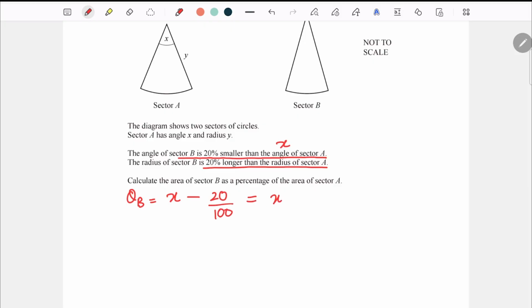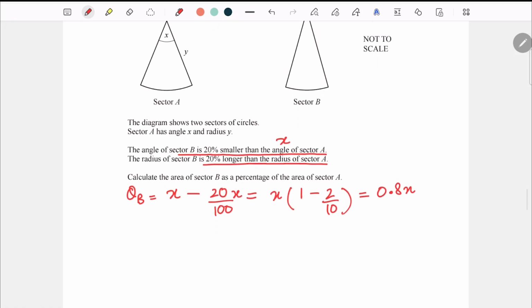This will be x minus 20 over 100 x. So if I take x common, it will be 1 minus 2 over 10, and this will be 0.8x. So the angle of sector B is basically 0.8x.